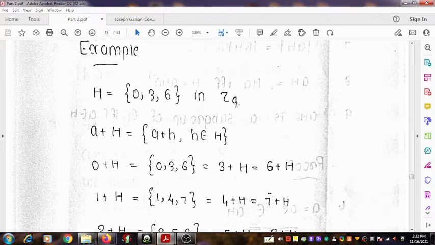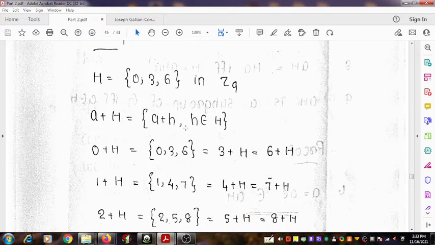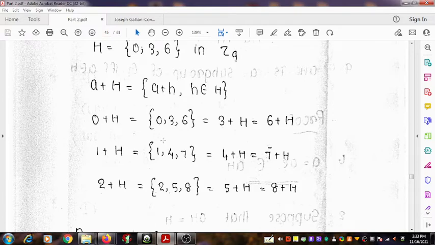Suppose a is an arbitrary element of Z9, then we can define a plus H equal to a plus small h, where small h is an element of H.